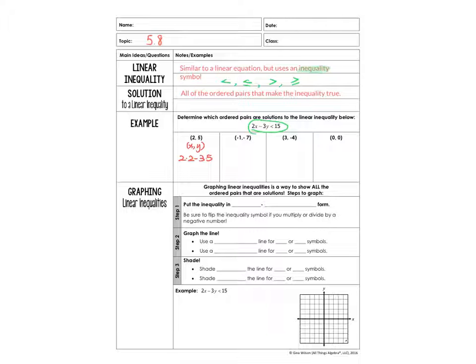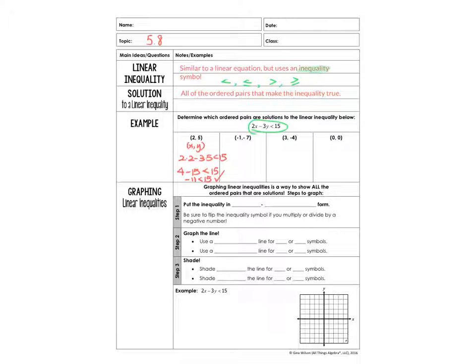And that should be less than 15. So let's see if this is true. 2 times 2 is 4. 3 times 5 is 15. So it looks like I have negative 11, and obviously it's less than 15. So yes, this pair is a solution.